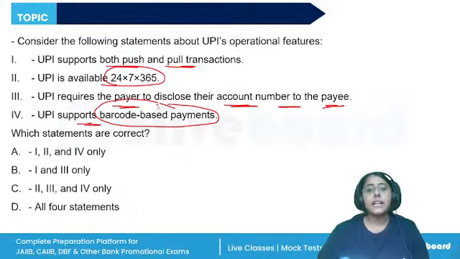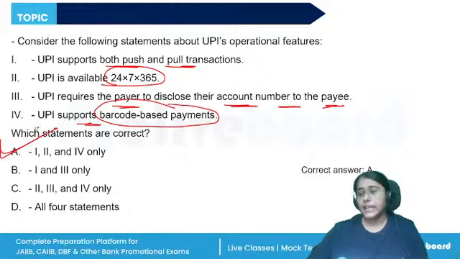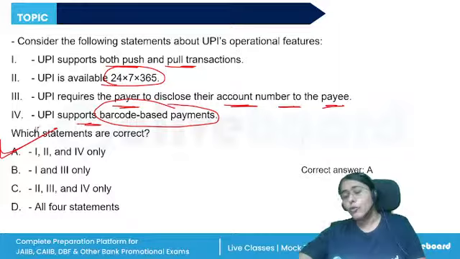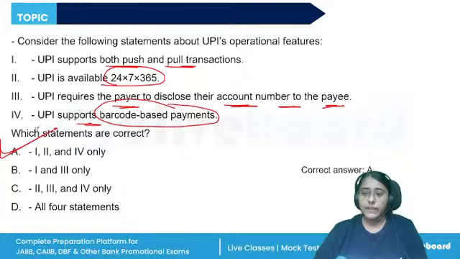Both push and pull based transactions are allowed in the UPI, and the UPI also allows the barcode based payment, but giving the account number to the payee is not important. So the correct answer is A, 1, 2, and 4 only. Right? 1, 2, and 4 only.